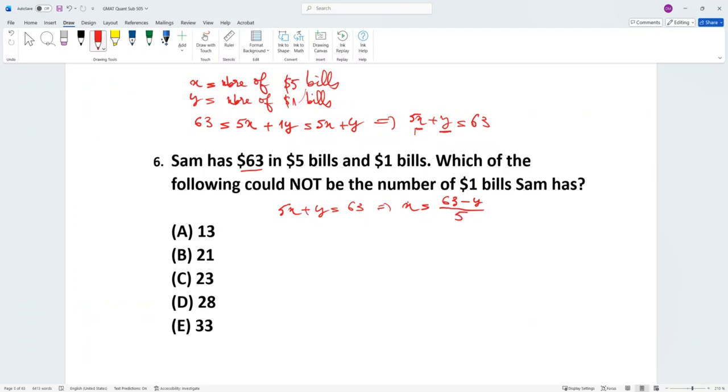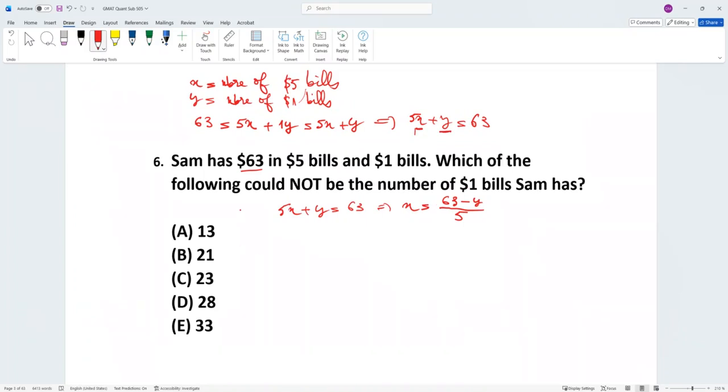So in order for us to determine which of the answer choices cannot be the number of $1 bills, we have to determine which of the answer choices here, when we replace in this equation, gives us a decimal number. If it gives us a whole number, then it's a correct value of y. But if it gives us a decimal number, then we know that this cannot be the value of y.